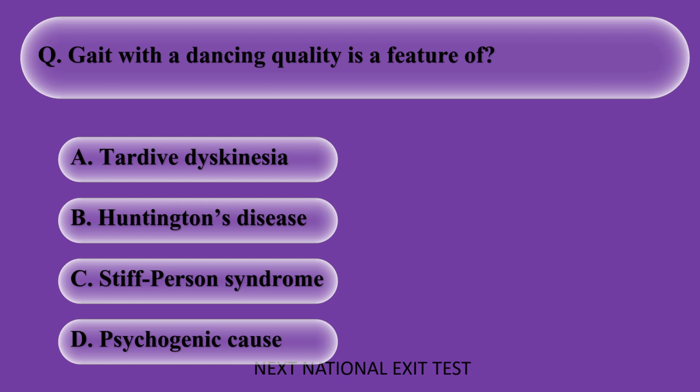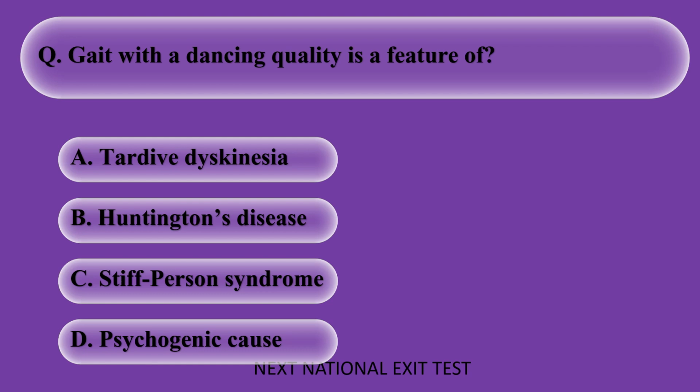Huntington's disease is caused by a mutation in the Huntington gene, which is located on chromosome number 4, which results in production of a toxic mutant Huntington protein. The key features include a combination of motor, cognitive, and psychotic symptoms.